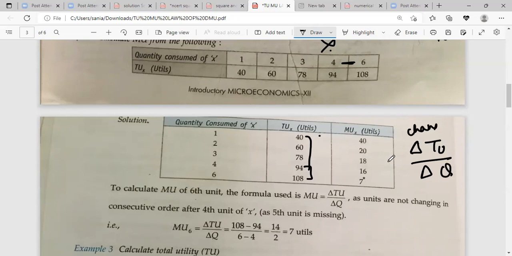So how is TU changing? From 94 to 108, it is changing. How much is changed? 14. And Q is basically this quantity. From 4 to 6, how much is changed? 2. Yes, 4 to 6 is 2. So that's why the answer is 7.